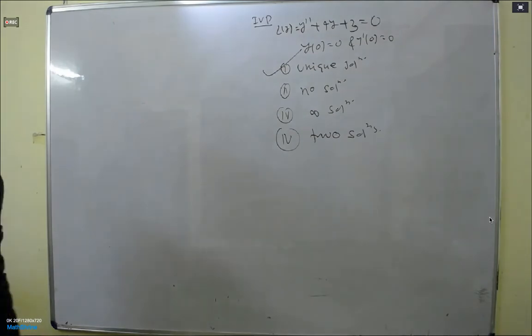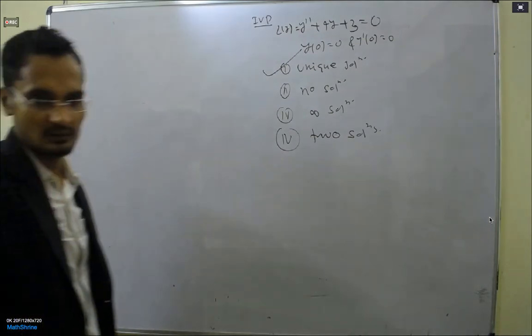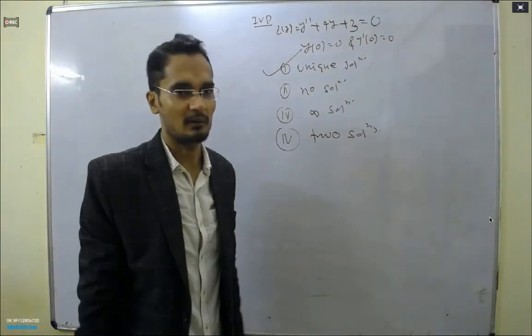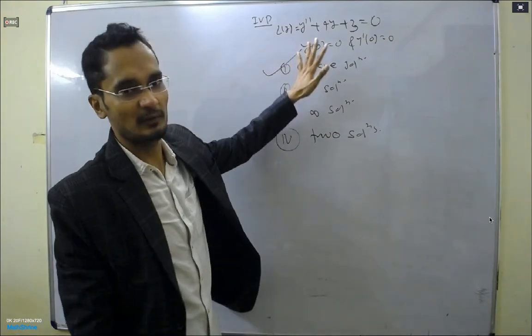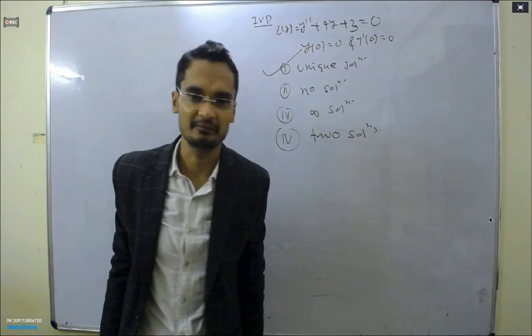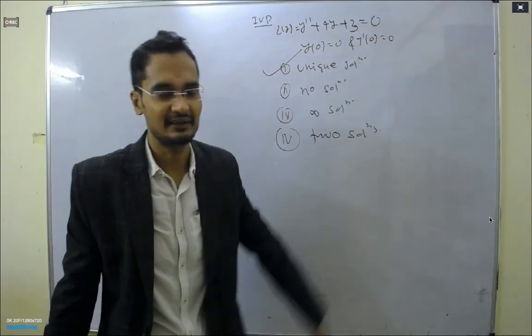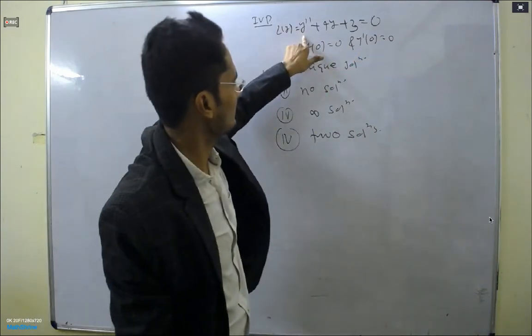Okay, I can write one more equation, Ly equal to y raised to the power 7 plus y equal to 0, with y at 1 equal to 0 and y dash at 1 equal to 2.